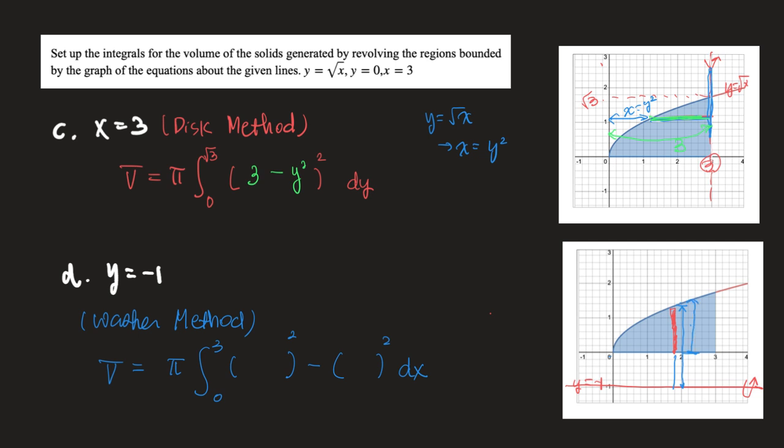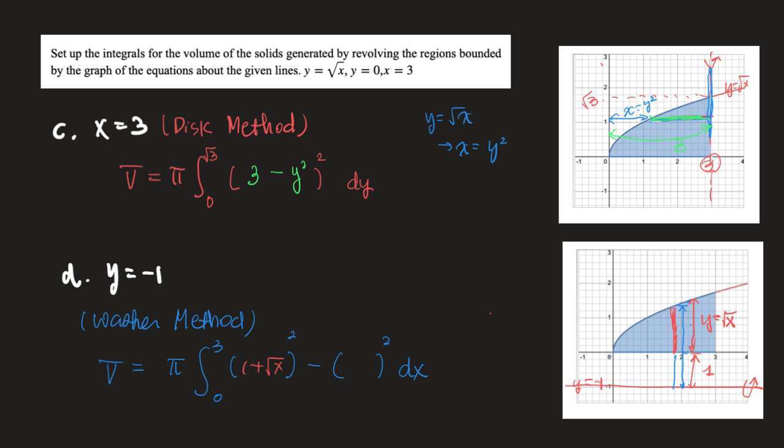I'm going to use different colors to make sure you guys understand correctly. Blue is the longer radius. First, from here to here is 1. From here to here is y, that's square root of x. The longer radius, the whole thing, is 1 plus square root of x. Guys, make sense?